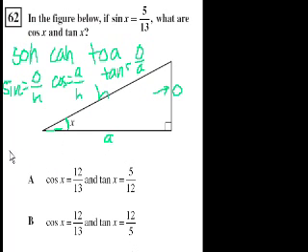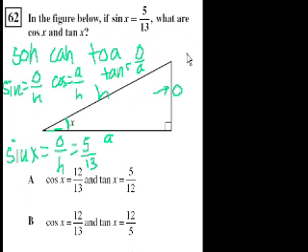So the sine of x is equal to, we know from our mnemonic SOHCAHTOA, opposite over hypotenuse. And they tell us that that is equal to 5 over 13. So opposite over hypotenuse is equal to 5 over 13.